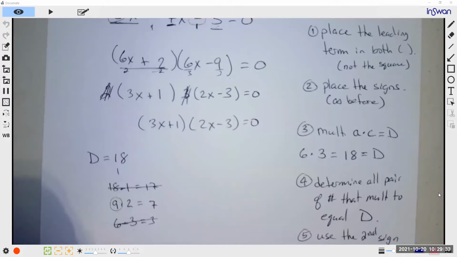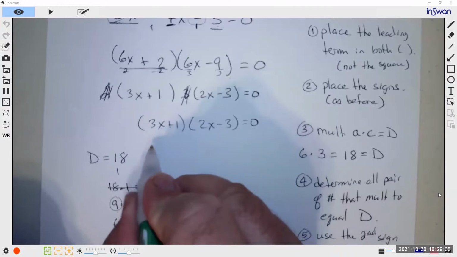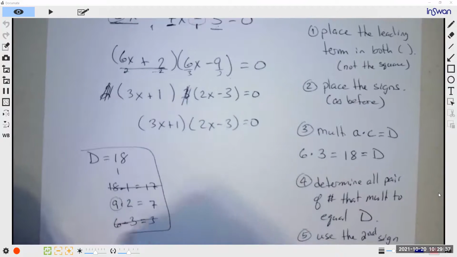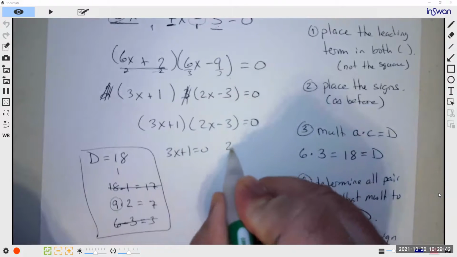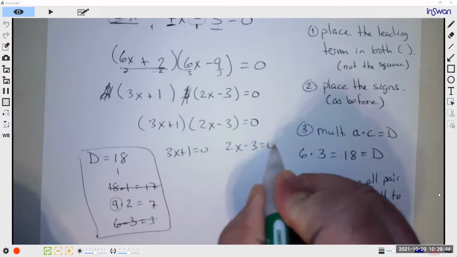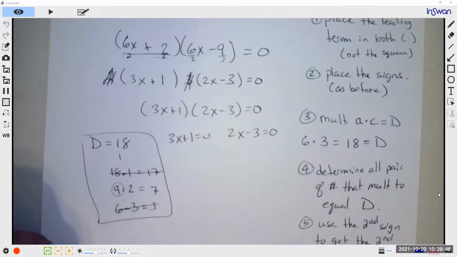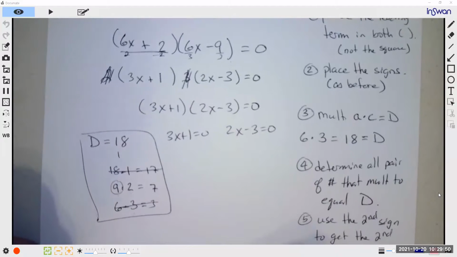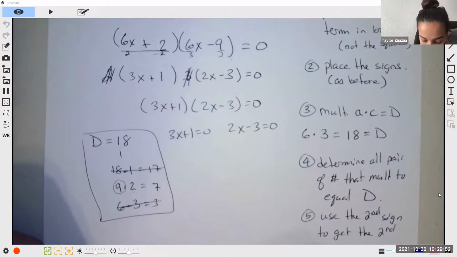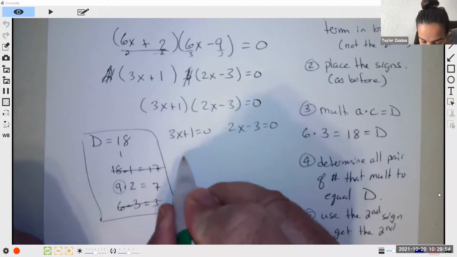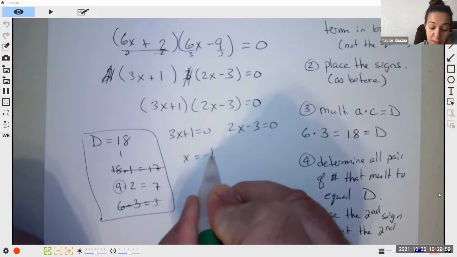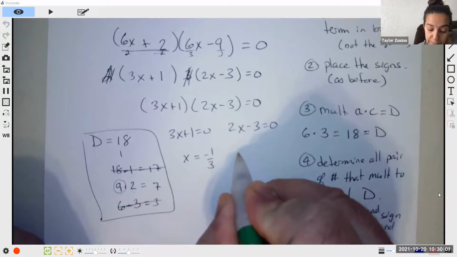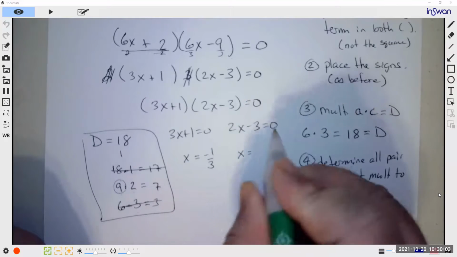And step 9 is solve. So we have 3x plus 1 equals 0, 2x minus 3 equals 0. You divide by 3, right? No, not yet.